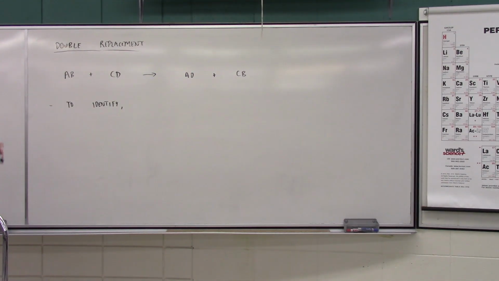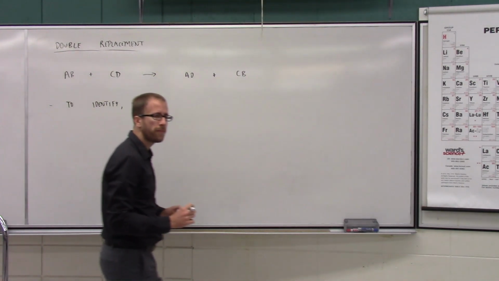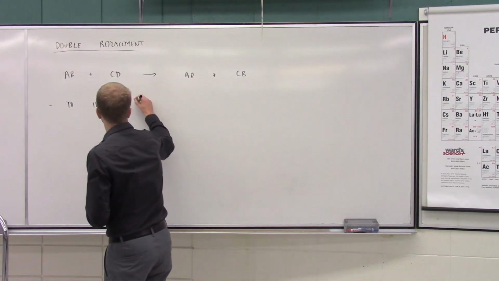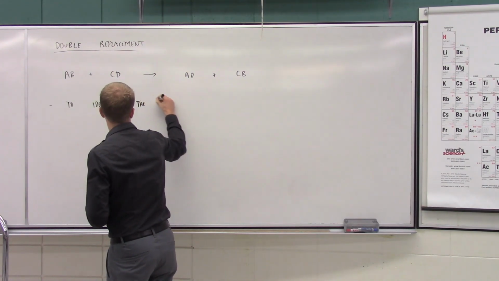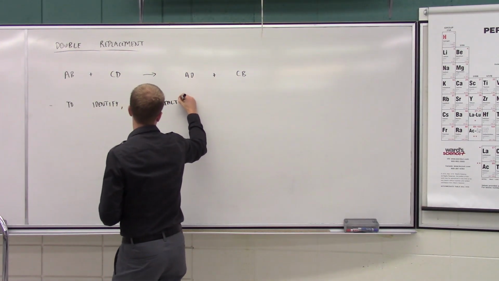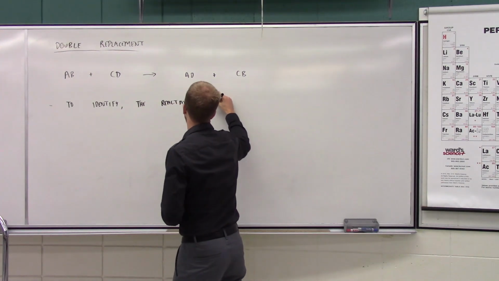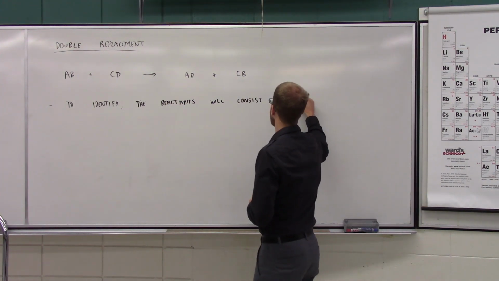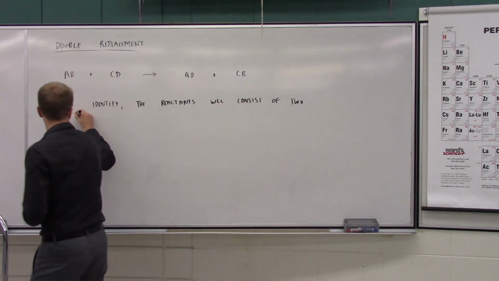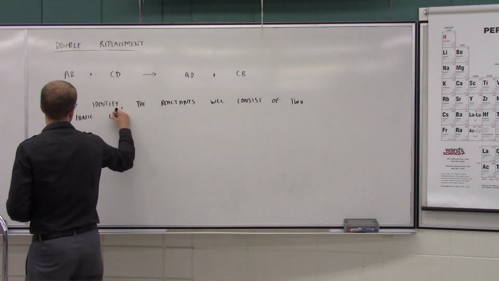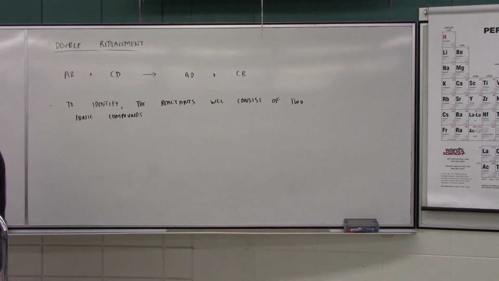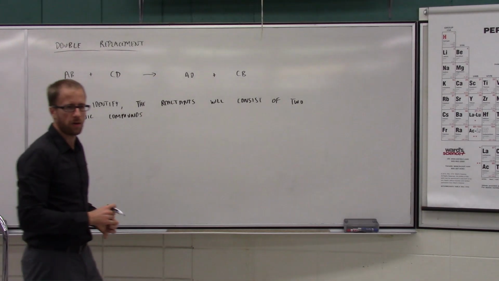So when you're looking at a double displacement reaction, to identify it, the reactants will consist of two ionic compounds. Right? Your reactants will always consist of two ionic compounds.